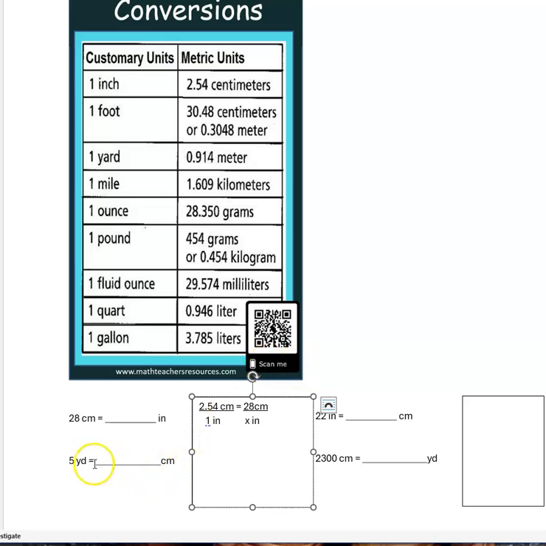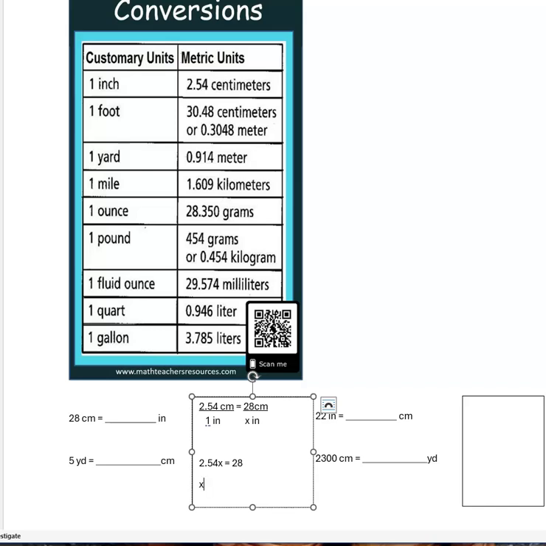Okay, looks like we might have to, well, maybe we'll skip that, I don't know. So I'm going to cross multiply, so I'm going to get 2.54x equals, and then I'm going to multiply 28 times 1. Well, that's 28. That was pretty easy.